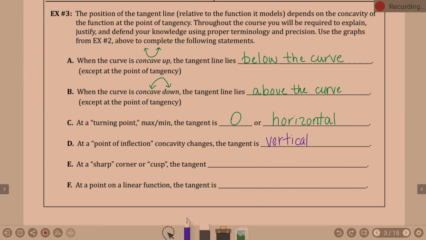Is the next one undefined? I put the tangent and then it says line. Hold on a second. The tangent does not exist. The tangent line. I wrote it. Okay, so vertical is here because we have this example right there, yes?